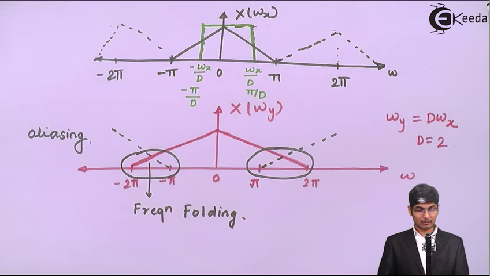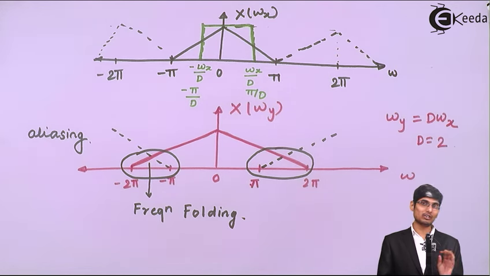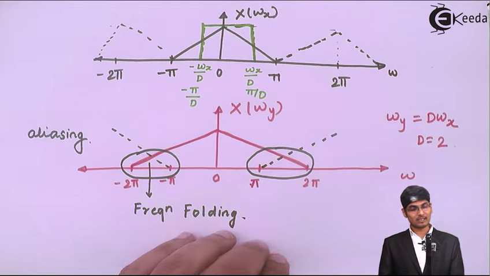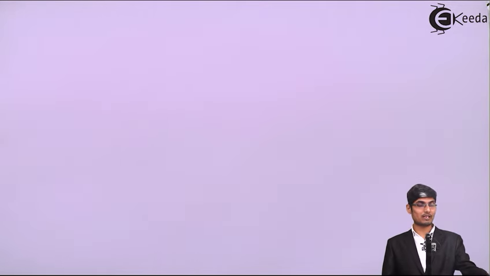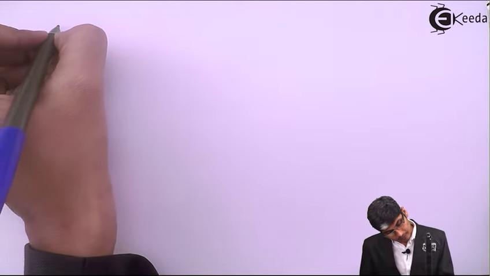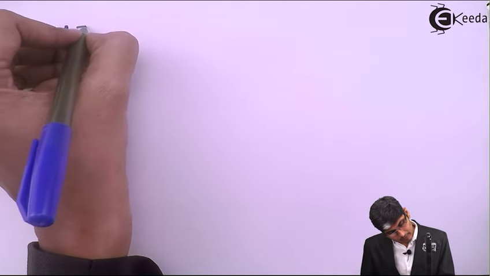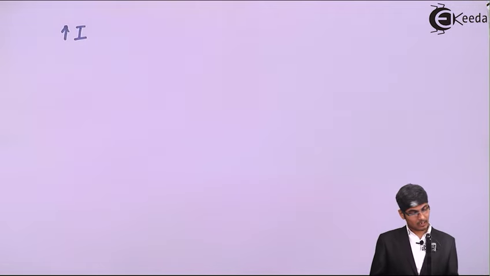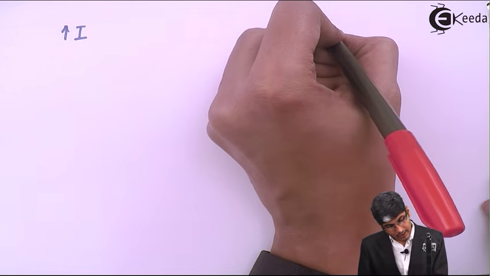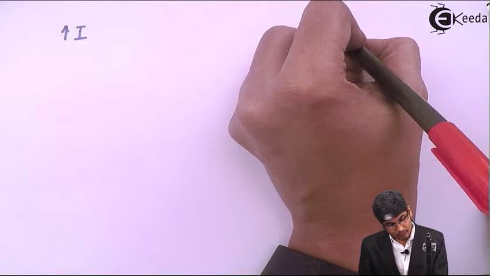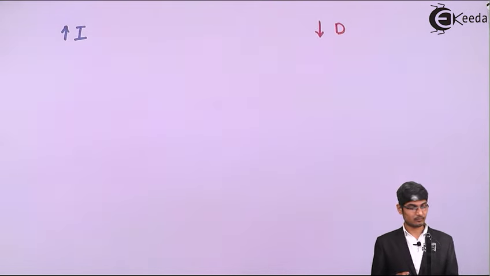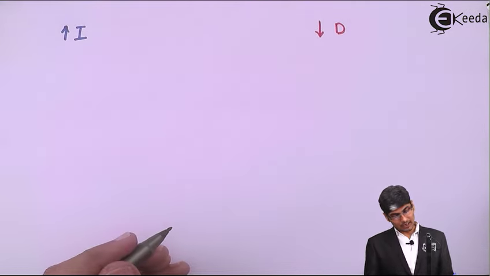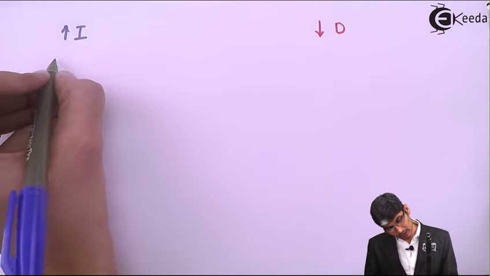So these are the basic observations of the frequency domain characteristics of the upsampling and downsampling processes. Let us summarize. Suppose I upsample by a factor of I, and suppose I downsample by a factor of D. If I upsample by a factor of I, what is going to happen?